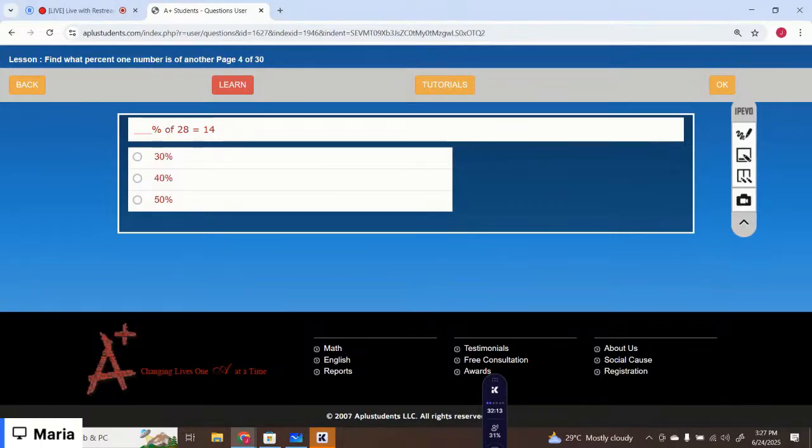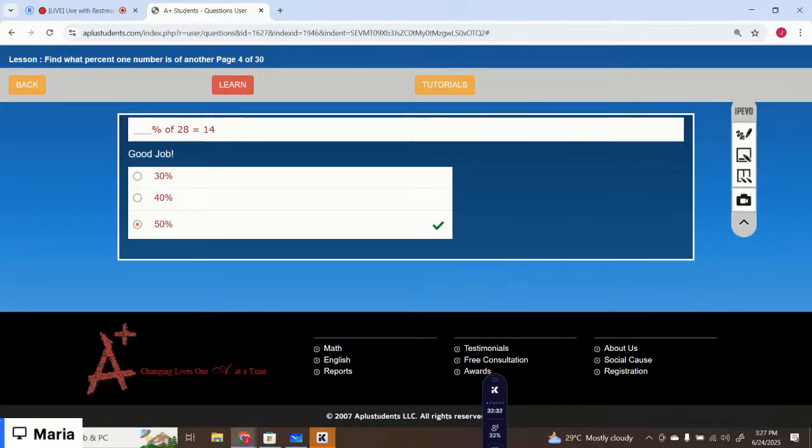What percent of 28 equals 14? 14 is exactly half of 28. That is 50%.